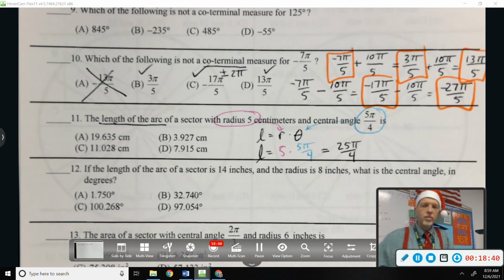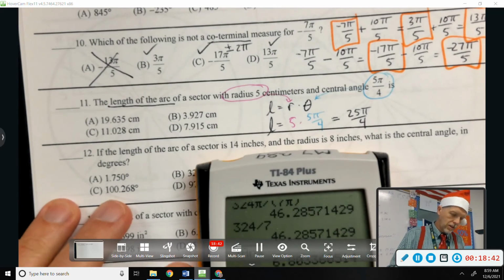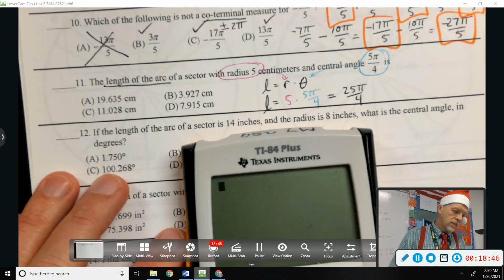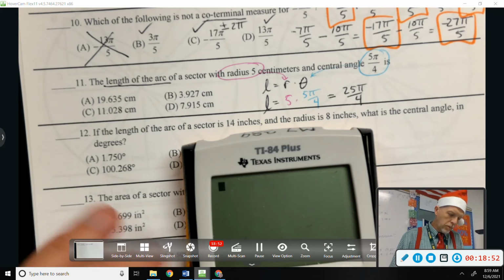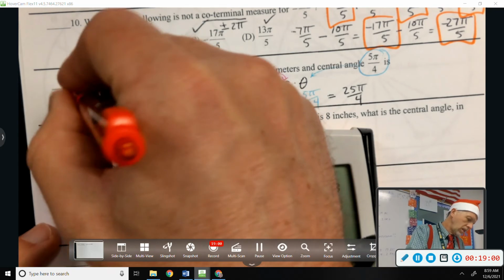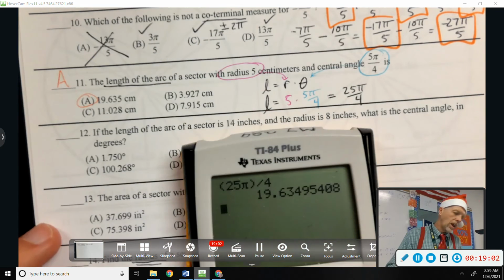They look like decimals, so I'll grab the calculator. Do you have to put the 25 in? No, because it's in the top. It's when you're dividing by, you'd have to be careful. So it wouldn't be wrong if you did. 25 pi divided by 4. 19.6. Answer choice A.